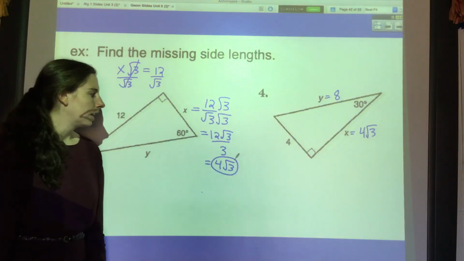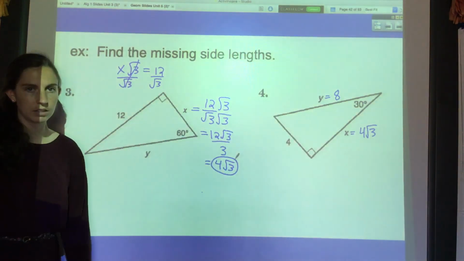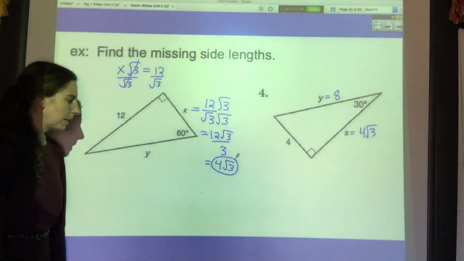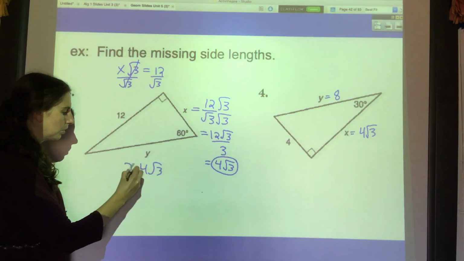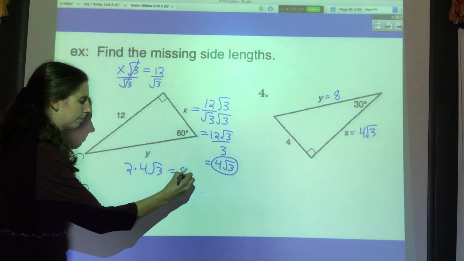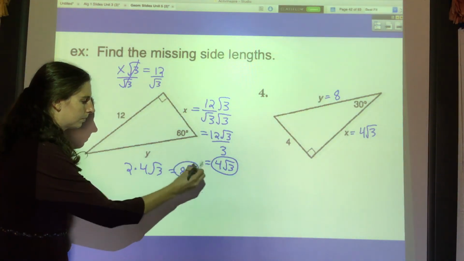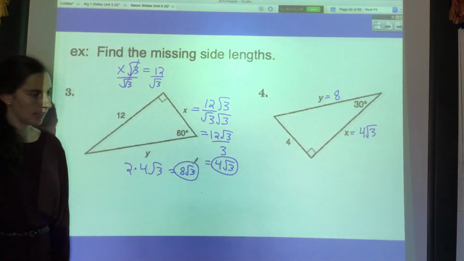Now to get to the hypotenuse, I just need 2 of these. I double it. Basically, it's 4 root 3 times 2, which is just 8 root 3. You multiply the 2 and the 4, the root 3 stays as it is.